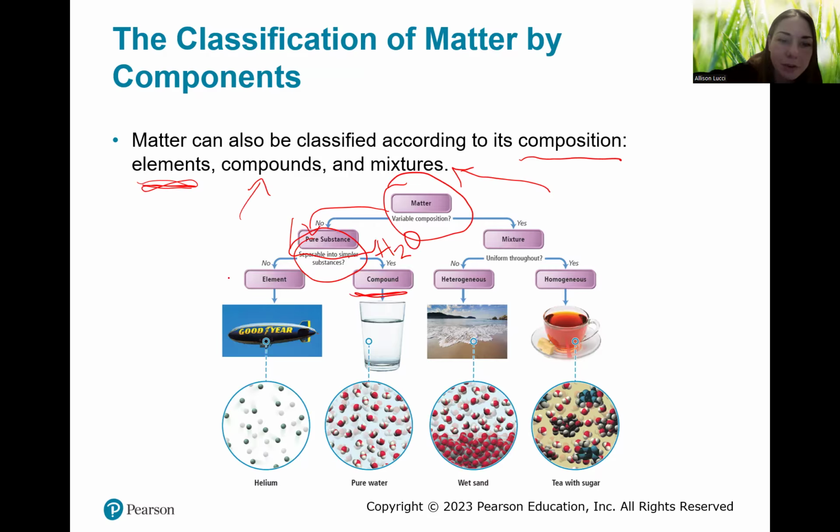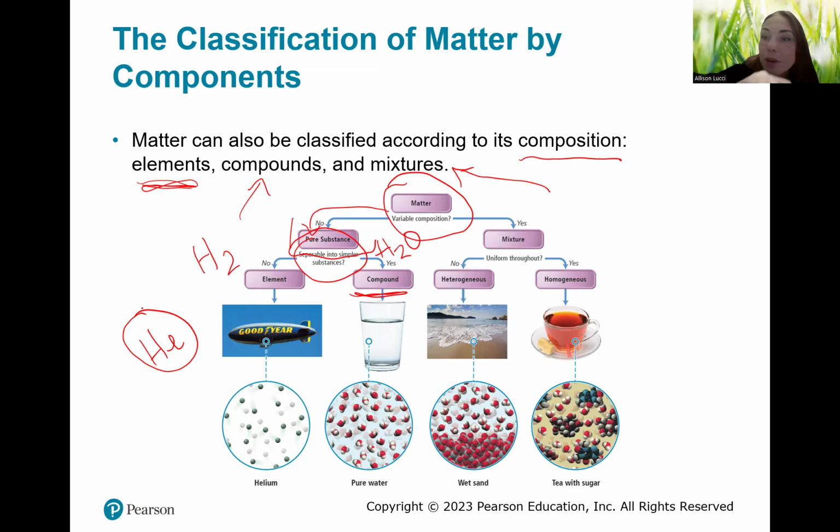But if the answer is no, say we had just H2 gas, just hydrogen gas, then we would say we have an element. In this case, we see the blimp here. Helium tends to be just singular atoms. They do not form bonds with other helium atoms, and we would just have these single atoms in elemental form.